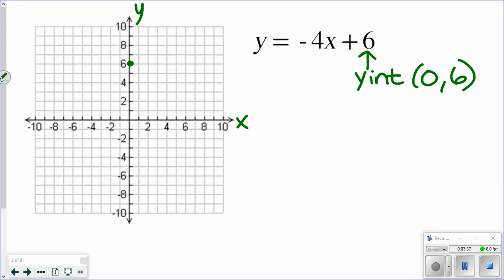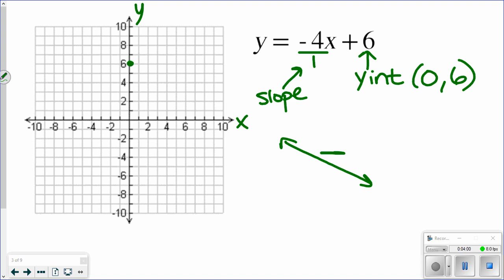And then my slope here, I can make it a fraction by putting a 1 underneath. So I'm rising 4, and I'm running 1. And this slope is a negative, so I want my line to be decreasing or declining from left to right.